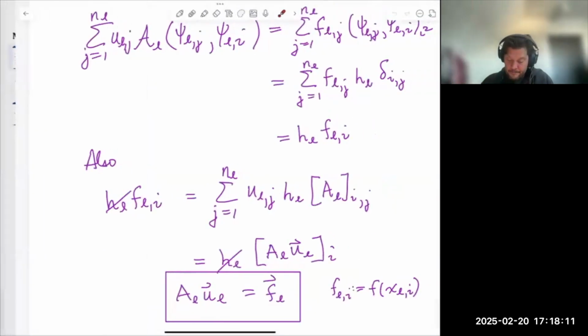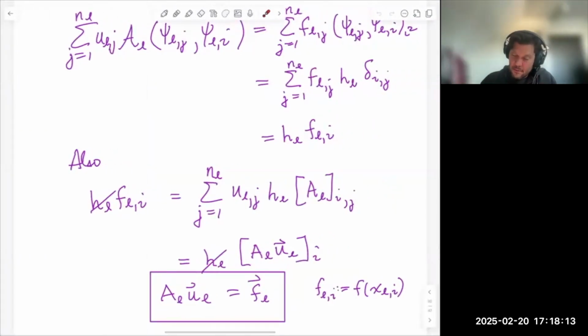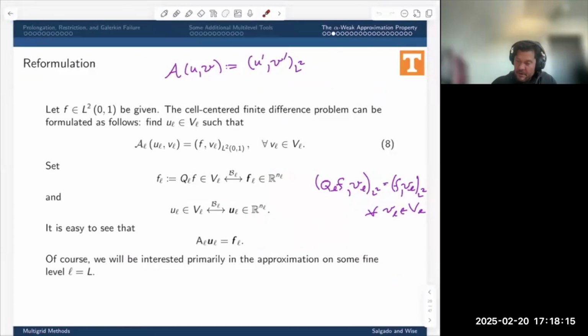However, the matrix vector problem is identical. And so that's the important thing. The left-hand sides are exactly the same, and that's the most important part for us.